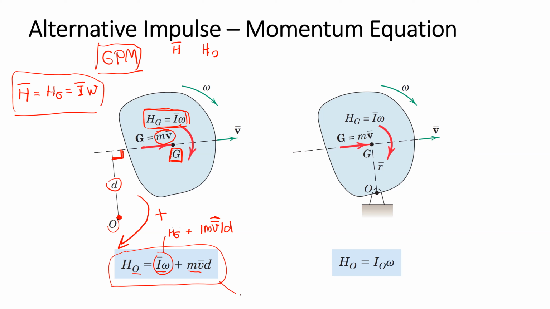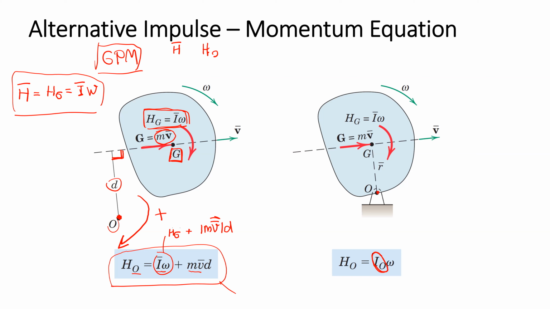How about if point O is fixed? If point O is fixed, we only try to obtain the moment of inertia about point O and multiply by omega.